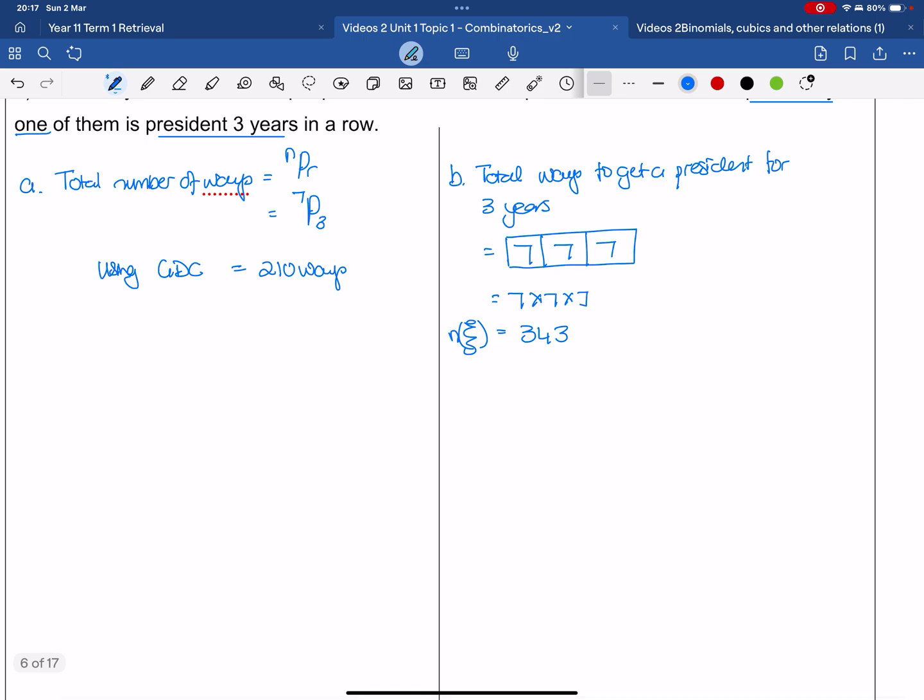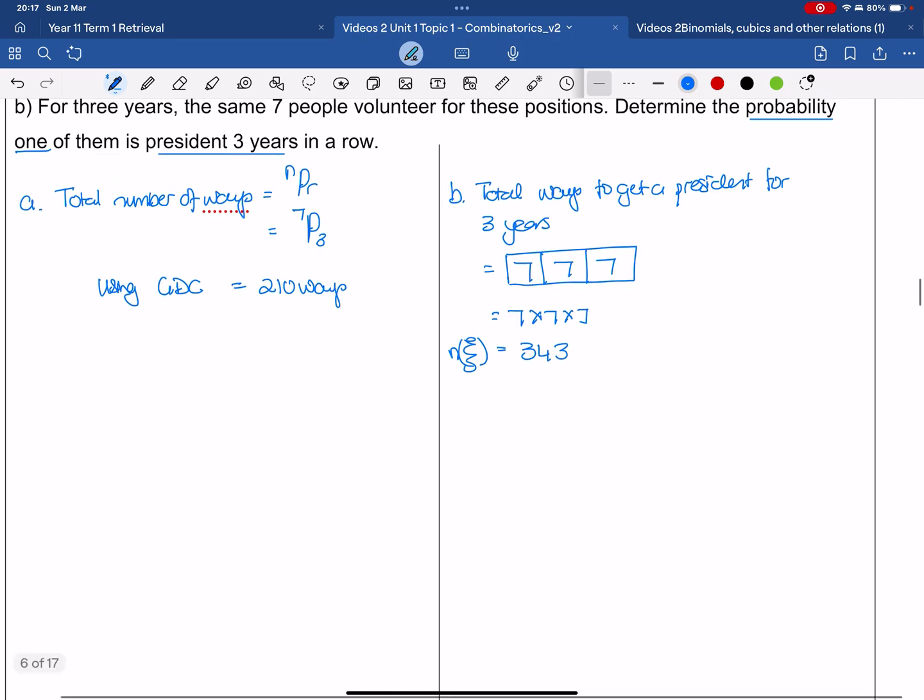All right, now I need to think about what are the ways that I could get a president, only one person getting the presidency. Well, there's only one president, but there are 7 different people that could be.